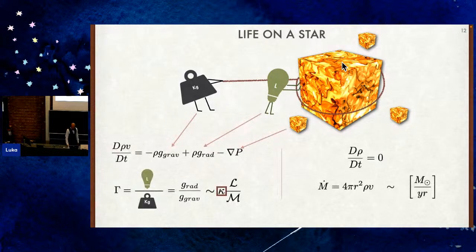Now, mathematically, we describe the dynamics of such environments using so-called conservation equations, where the change in momentum, here density times velocity, is caused by the force of gravity, the force of radiation, and the gradient of the gas pressure acting on the gas.